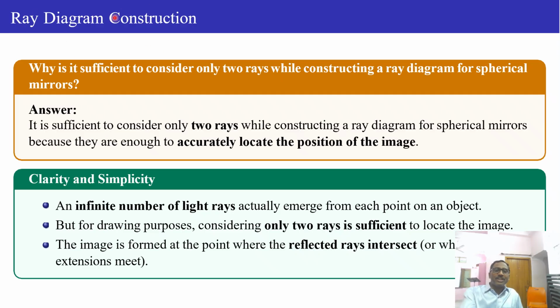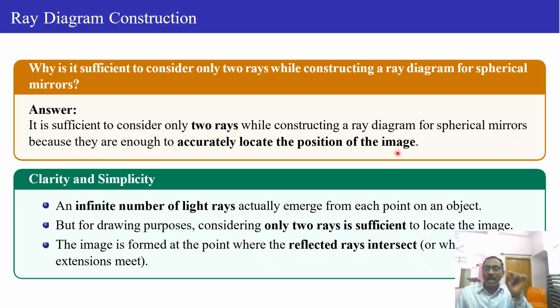Ray diagram construction. Now we are going to study about ray diagrams. Why is it sufficient to consider only two rays while constructing a ray diagram for spherical mirrors? Because two rays are enough to accurately locate the position of the image.